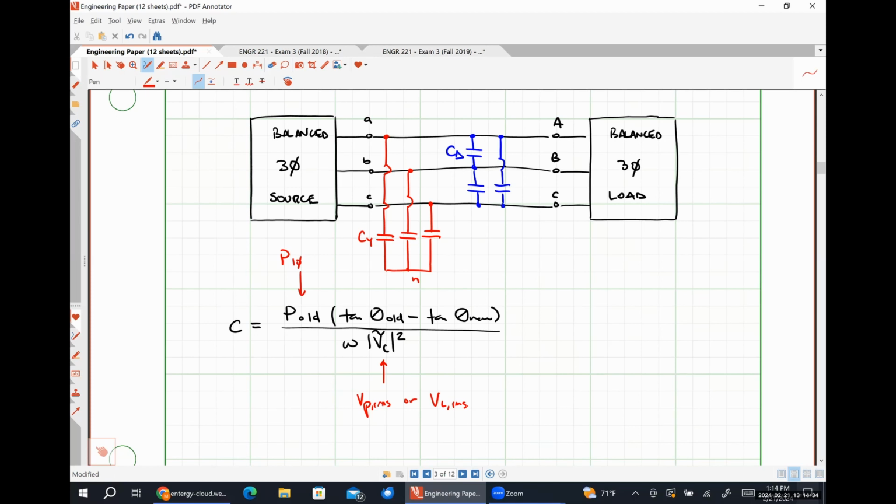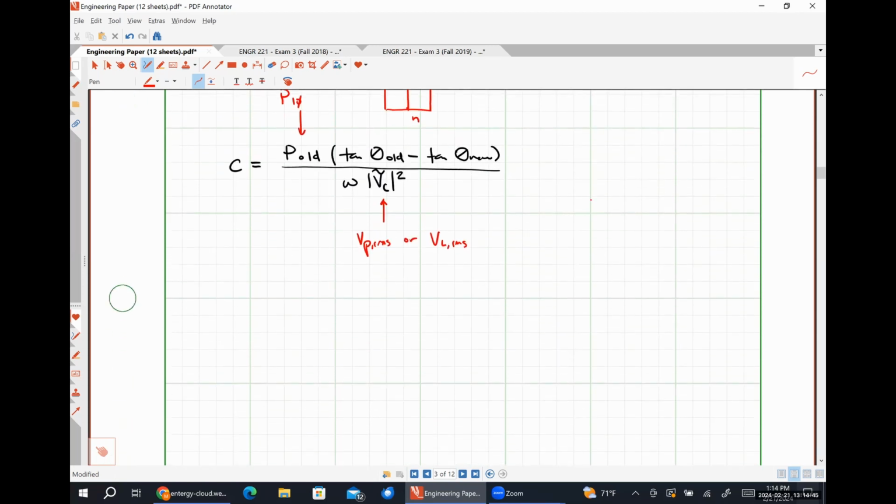Okay, so we just need to pay attention to what voltage the capacitor is going to see, which depends on how we're going to line that connection. So let's look at an example, and this is going to force us to revisit our power relationships.